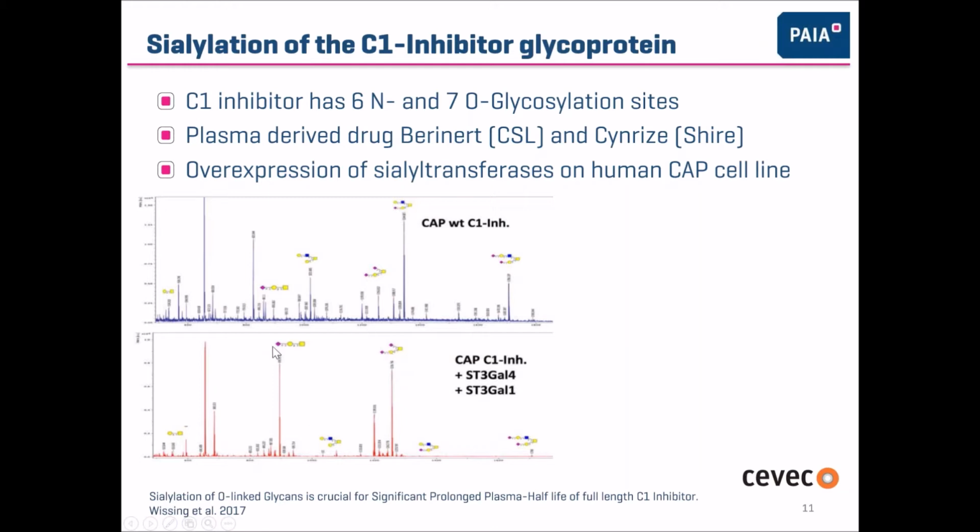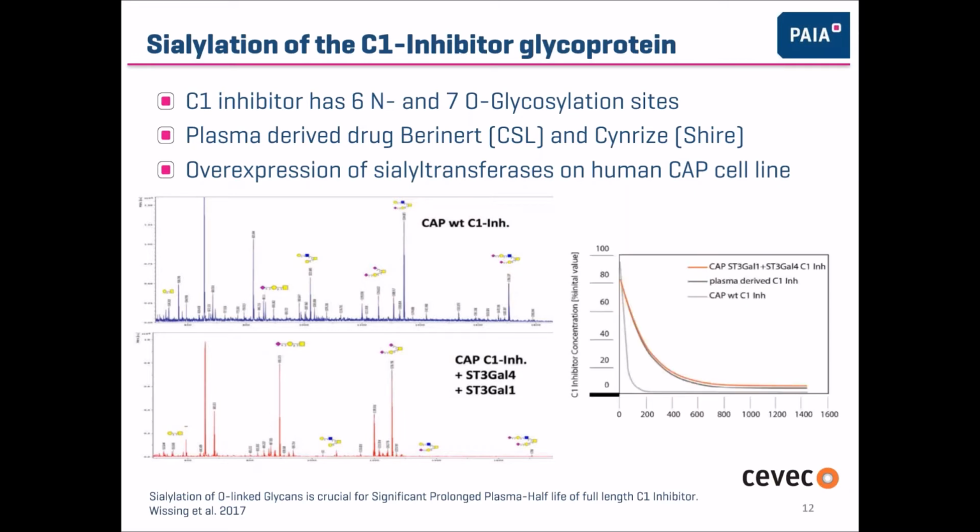You can see that you have quite some additional sialylation here on these O glycans. And if you then test for half-life, then you see a very significant increase of half-life compared to the wild type, which you can find here, right?